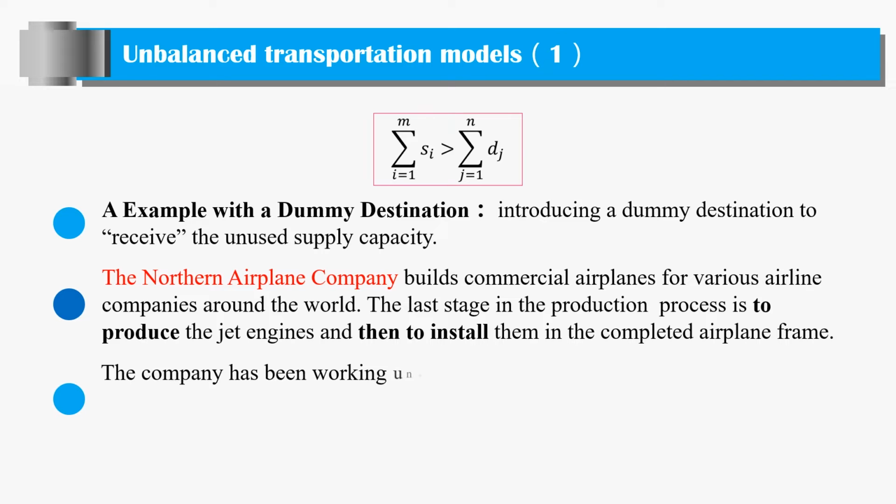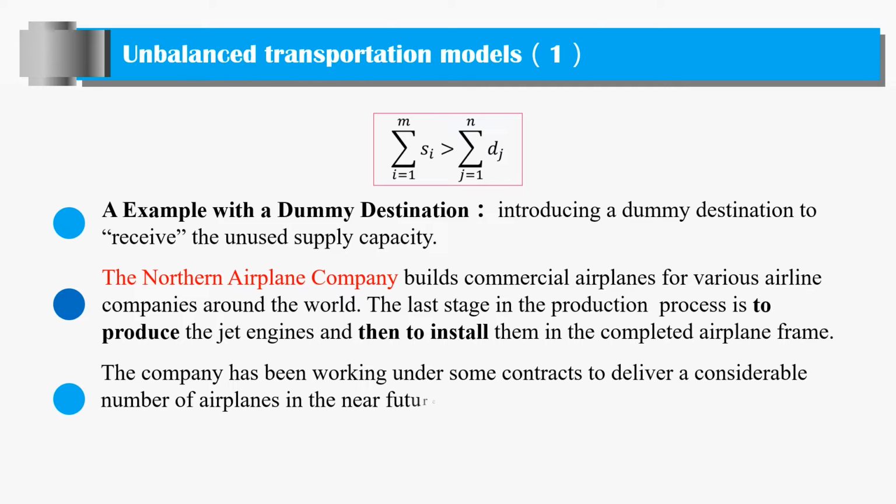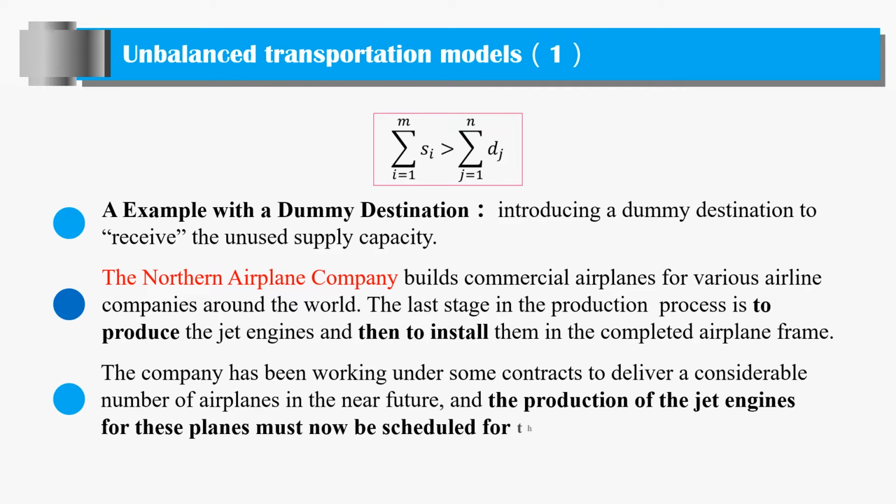The company has been working on some contracts to deliver a considerable number of airplanes in the near future, and the production of the jet engines for these planes must now be scheduled for the next 4 months.